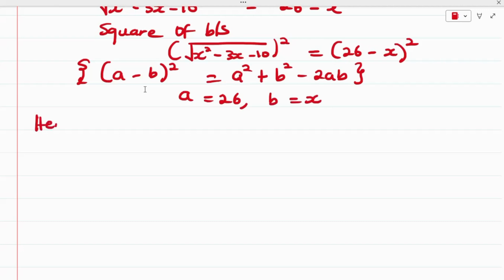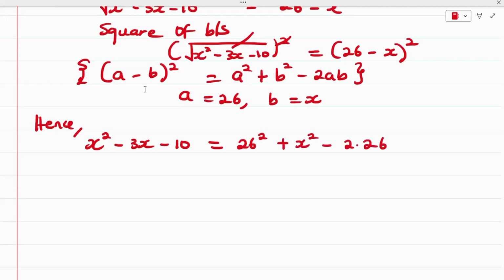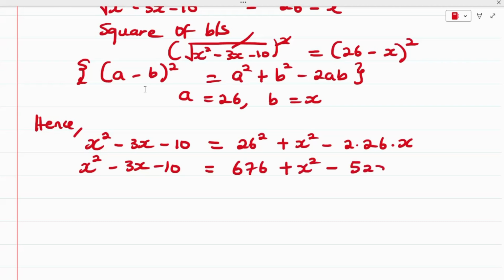So hence the square is going to cancel out the square root, so we have x squared minus 3x minus 10 is equal to 26 squared plus x squared minus 2 multiply 26 multiply x. So we have x squared minus 3x minus 10 is equal to 26 squared, which is 676, plus x squared minus 52x.